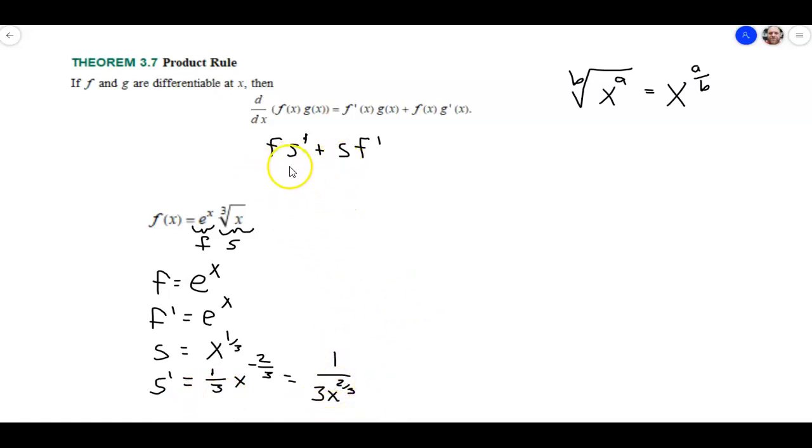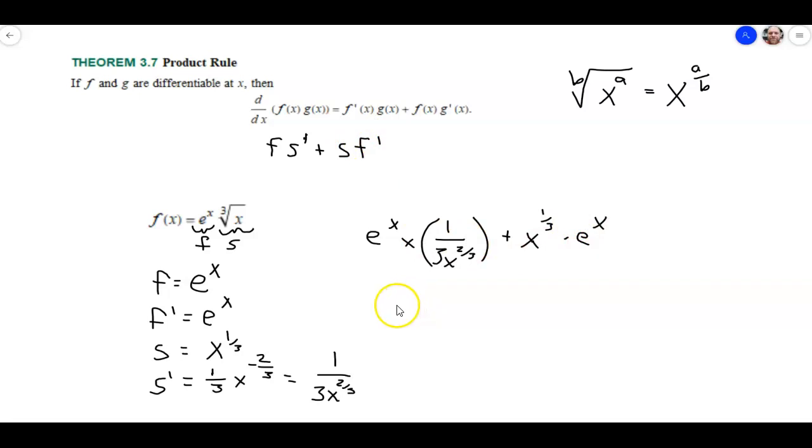So let's go ahead and now use our formula there. So it's the first term, e to the x, times the derivative of the second term. So that's going to be 1 over 3x to the 2/3, plus the second term, which is x to the 1/3, times the derivative of the first function, which is just e to the x.